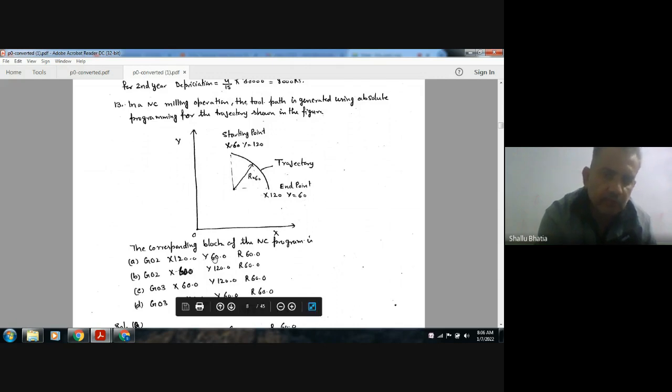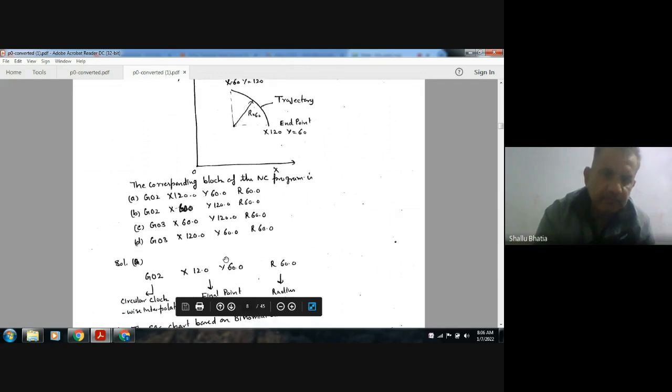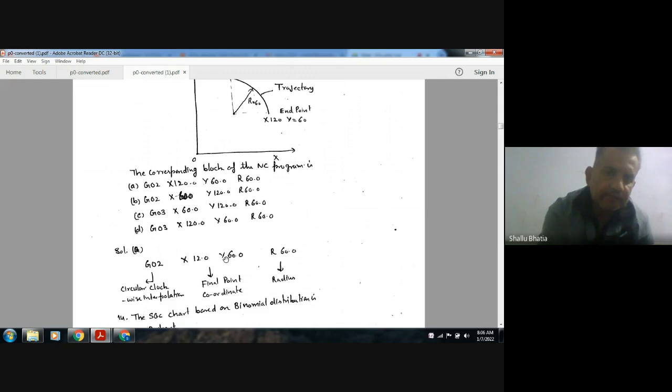The corresponding block of the NC program is: A G02 X 120 Y 60 R 60, B G02 X 60 Y 120 R 60, C G03 X 60 Y 120 R 60, D G03 X 120 Y 60 R 60.